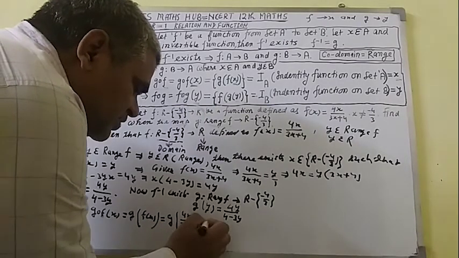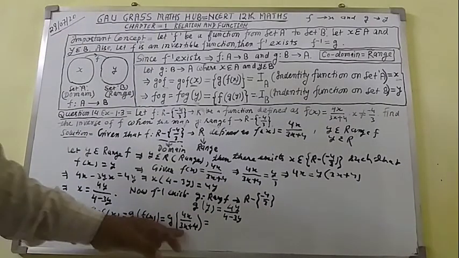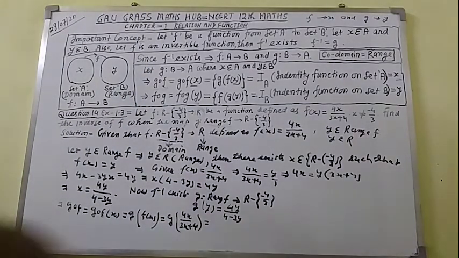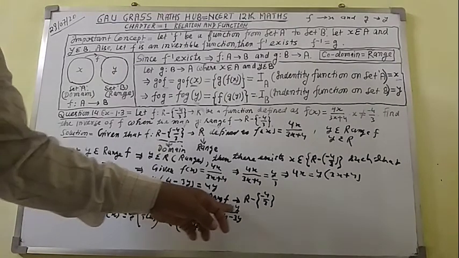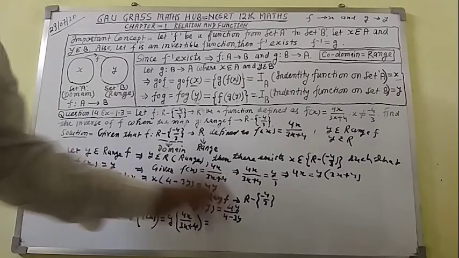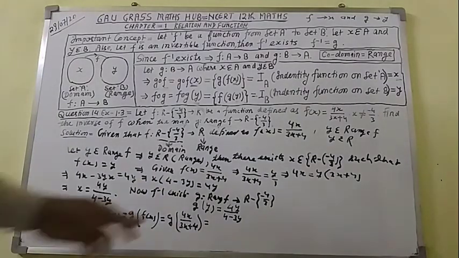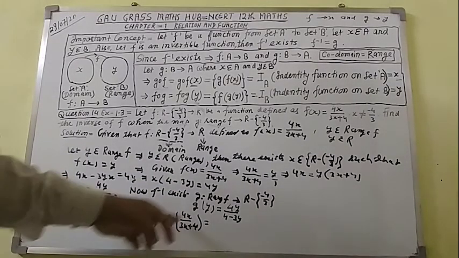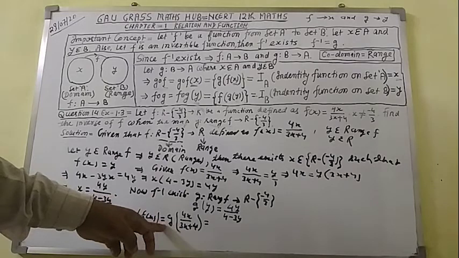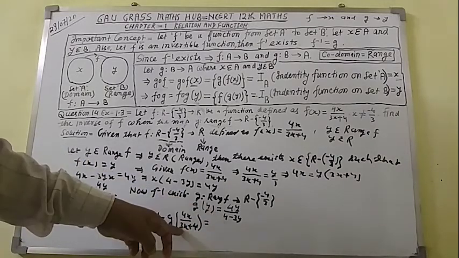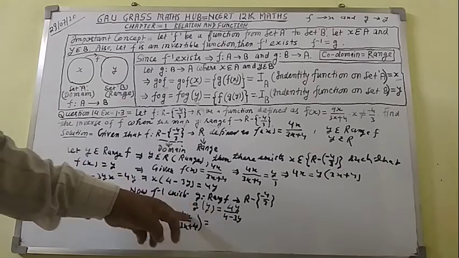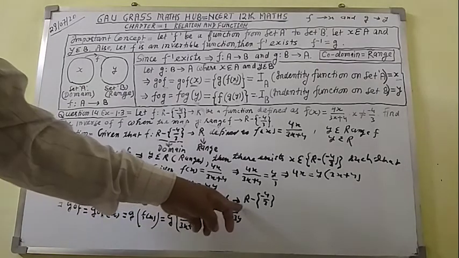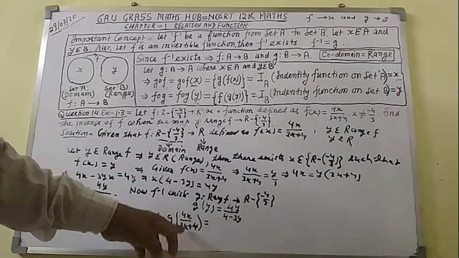And now here you can see gy equals 4y over 4 minus 3y. Here g is there, and in place of y, this value will be written.